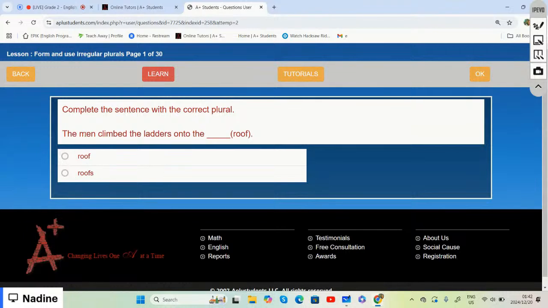All right, it says the men climbed the ladders onto the roof. We need to change that word roof to show that there's more than one.